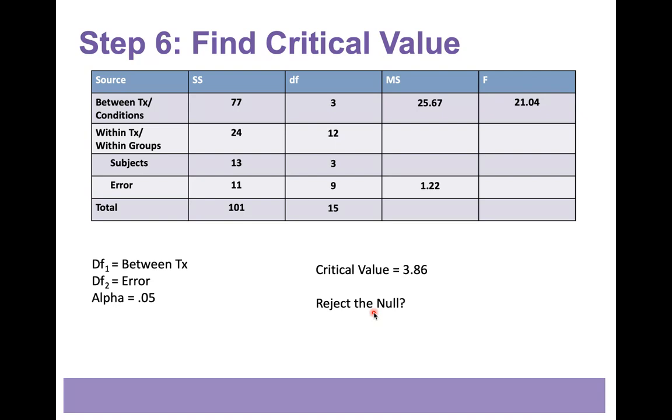Pain changes over time. That was the question. And we found, yes, that over time, across our treatment conditions, pain significantly changed. That's what this tells us. We have a large F. It tells us that pain significantly changed over time.